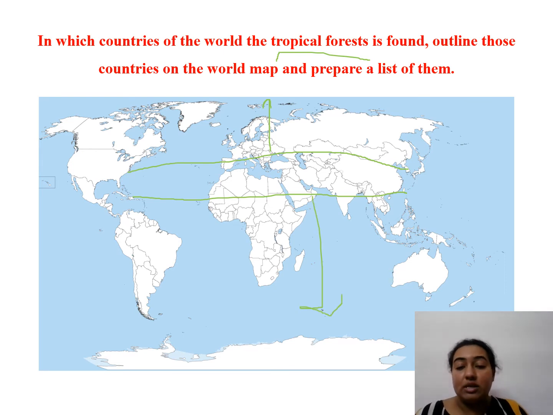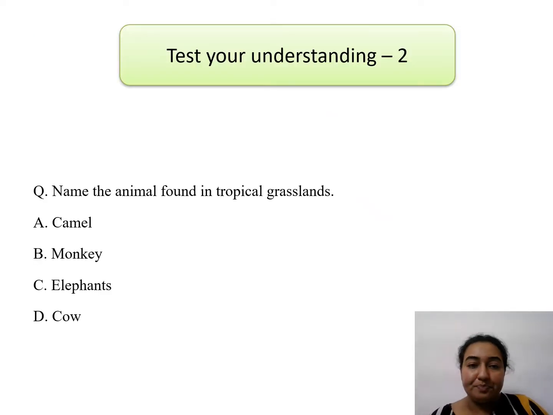So all those countries in this area are known as tropical forest. I hope this concept is clear to all of you students. So today we'll be moving forward with the next topic.